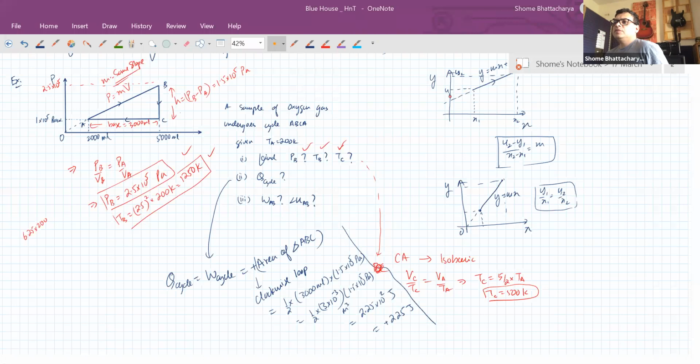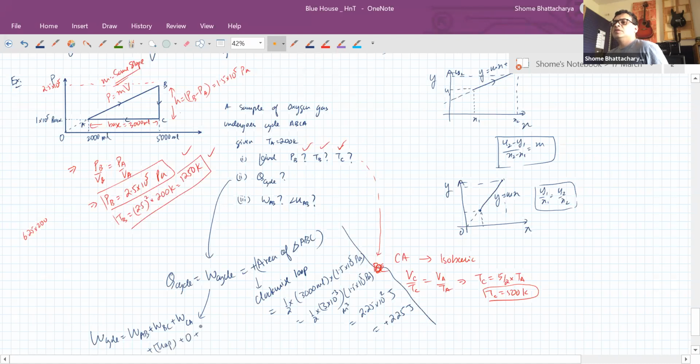Why won't we? Because we are calculating W for the cycle, na beta. W for the cycle is WAB plus WBC plus WCA. Okay. So this is positive of the area of trapezium. This is 0, but this is negative of the area of rectangle. So we are left with just area of triangle.